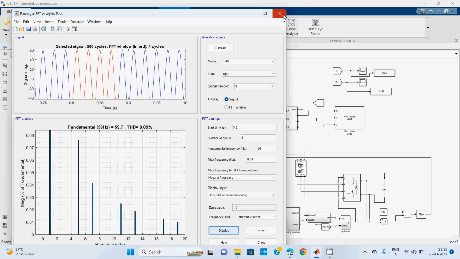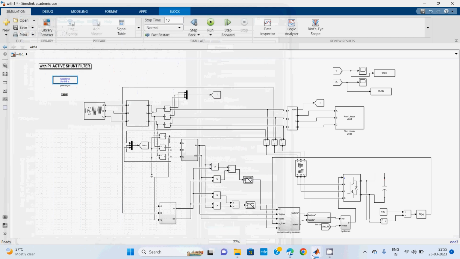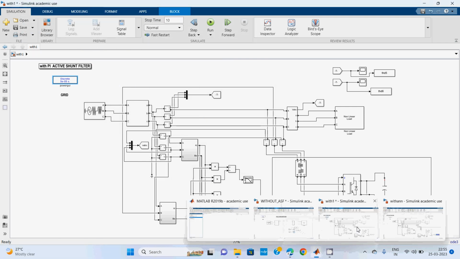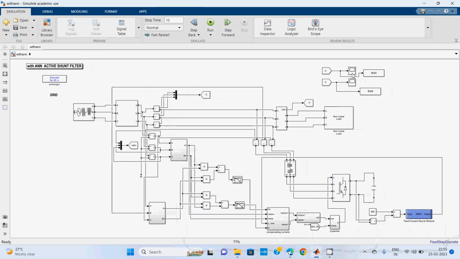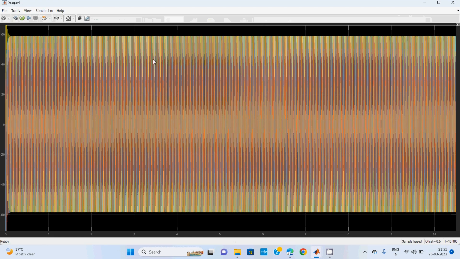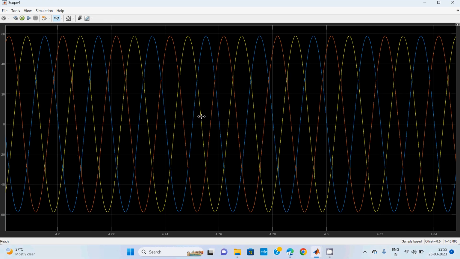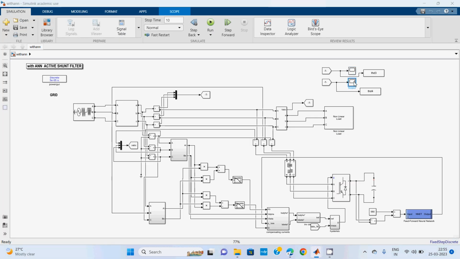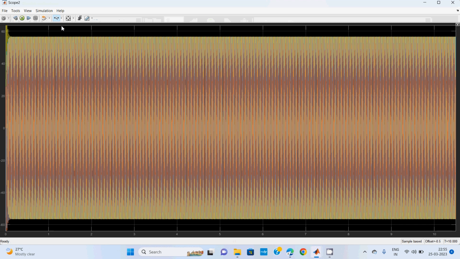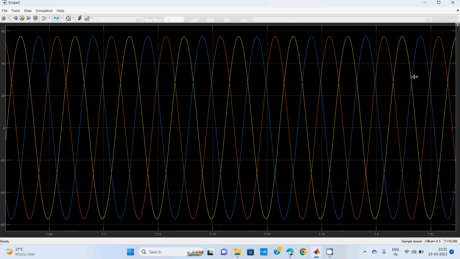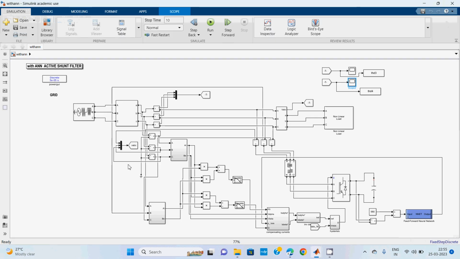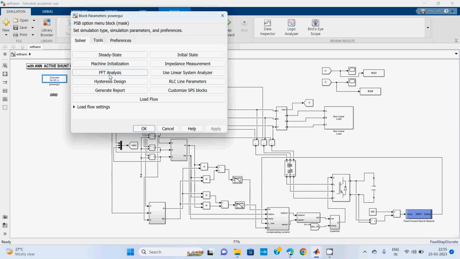In a similar manner, while using the ANN, these are the sending end voltages, and this one is the sending end currents. With the use of the ANN, observe carefully, the THD values will be limited.